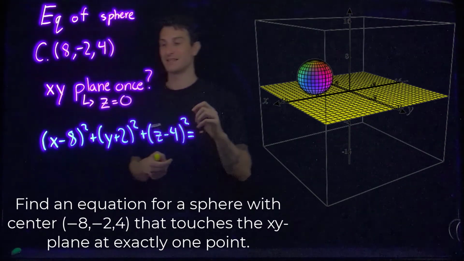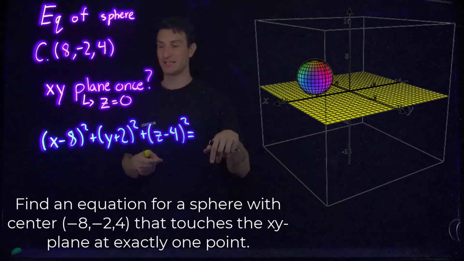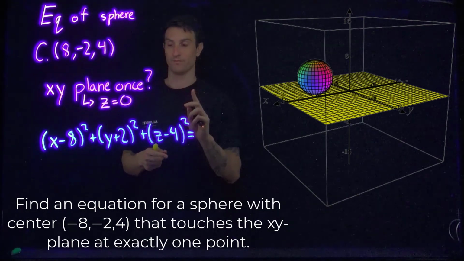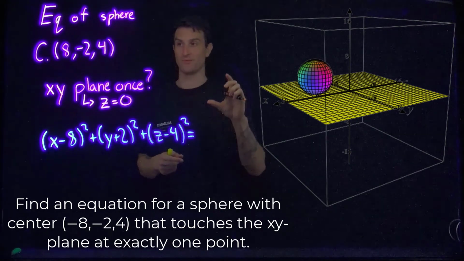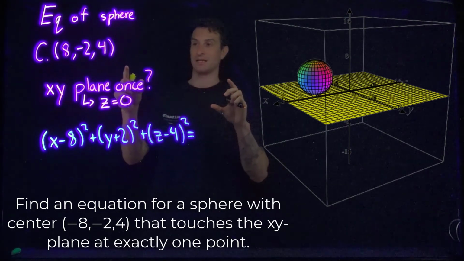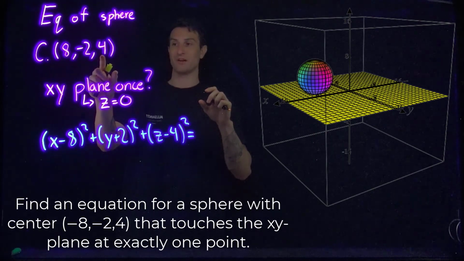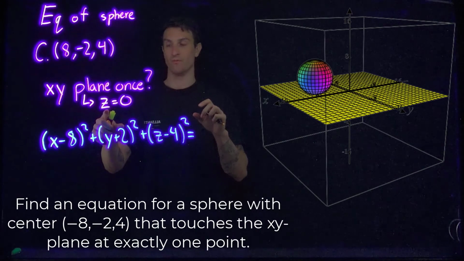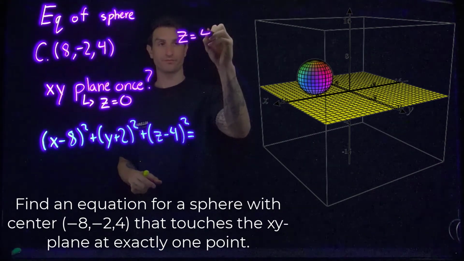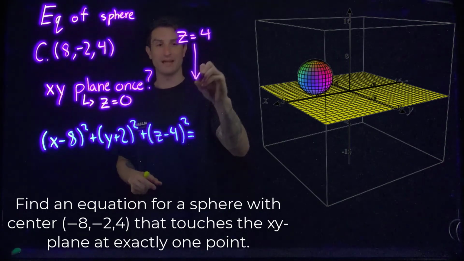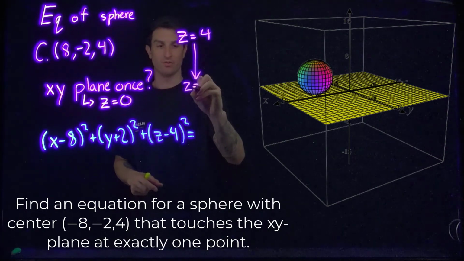So I want to touch z equals 0 only once. That has to do with my relationship to my radius, meaning, right now I'm at a z value of 4. I need my z value to only go down to 0, right? So my z value right now is equal to 4, and it can only go down to z equals 0. Well, what is this?